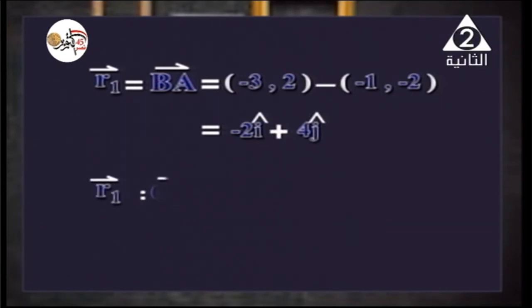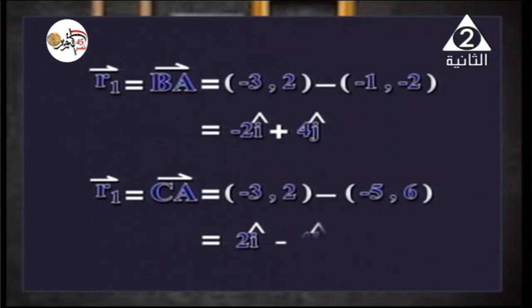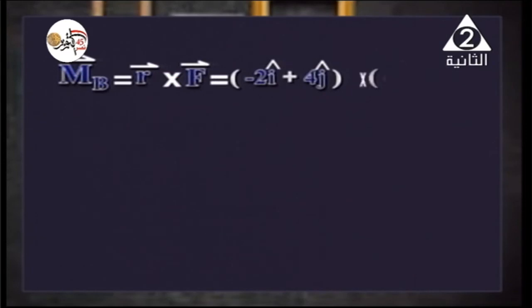R2 is CA: (-3, 2) minus (-5, 6), which equals 2i vector minus 4j vector. This is the CA vector. Moment about B is R vector cross F vector: negative 2i plus 4j cross 4i plus 3j.